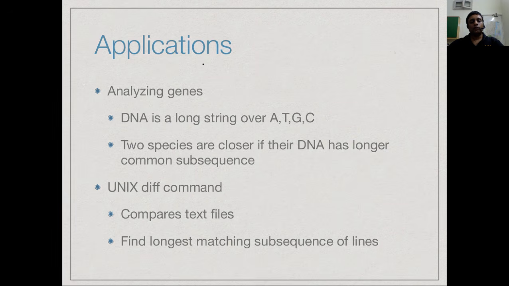If we look at two strings of DNA, a natural way to compare how close they are is to ask how well they can be aligned if we just drop a few things here and there. It could be that one species has a few extra genes, another species has a few extra genes doing something else, and if you drop those genes, then everything else is the same. But these genes may occur at different places in the two species. So it's not that there is a common part and then an extra part. It's rather that the new genes are interspersed among the other genes. So we need to know if we can drop a few genes in one and a few genes in another, can we overlap them? That's the longest common subsequence problem.